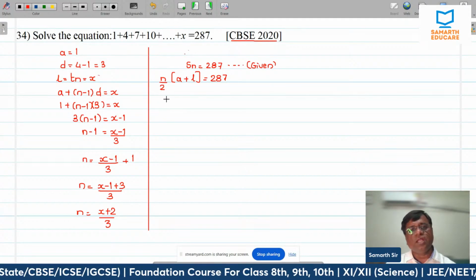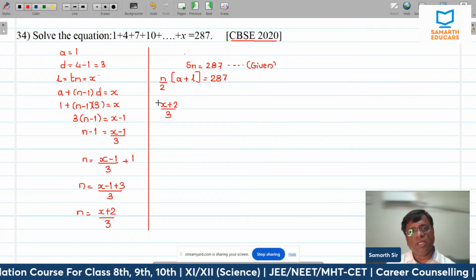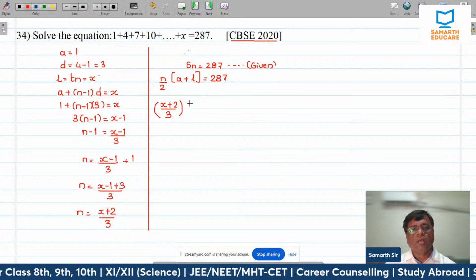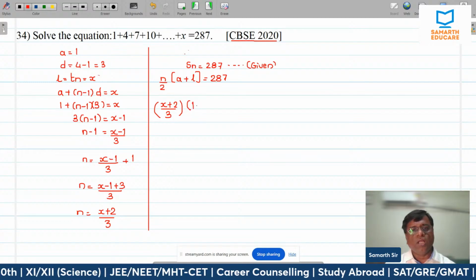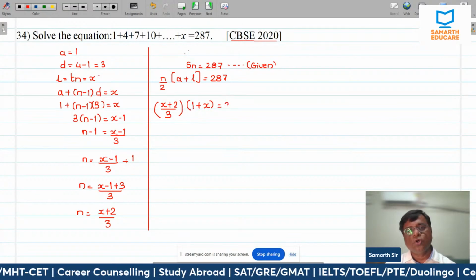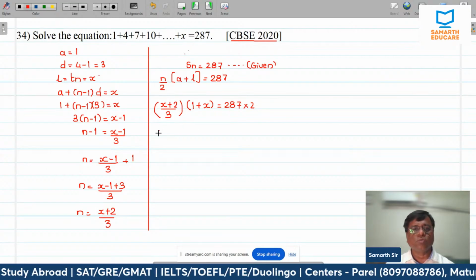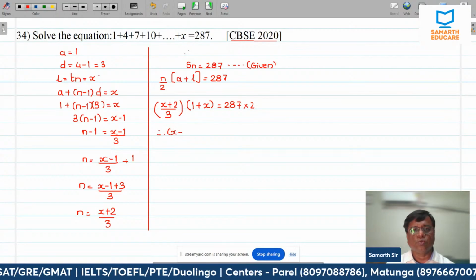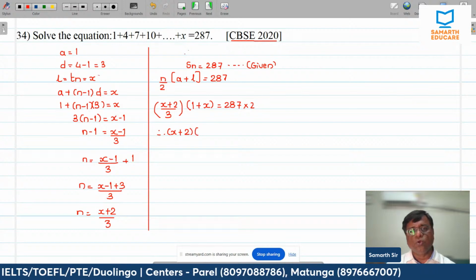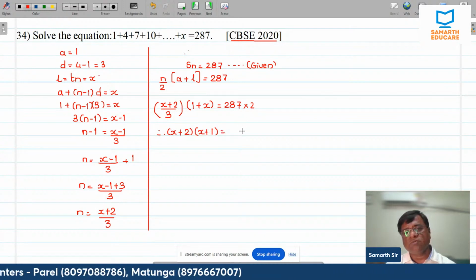So the value of n is (x plus 2) divided by 3. A is 1, L is x, is equal to 287 multiplied by 2. This 2 gets cross multiplied. So this is (x plus 2) into (x plus 1) is 287 multiplied by 2.